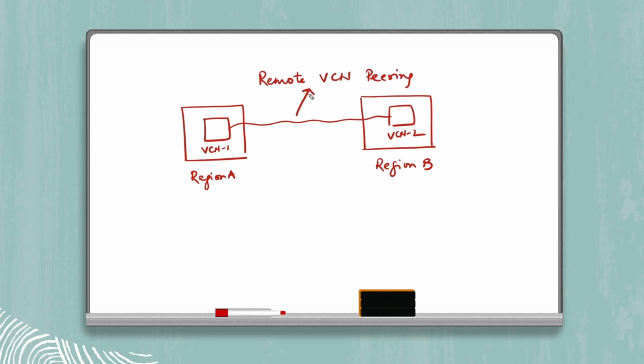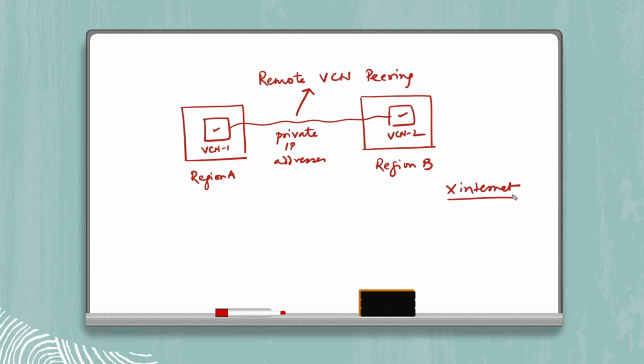remote VCN peering. Now, when you configure remote VCN peering, the instances in VCN1 can communicate to the instances in VCN2 using private IP addresses. And the best part is the communication will happen privately. So the traffic won't be routed over internet.